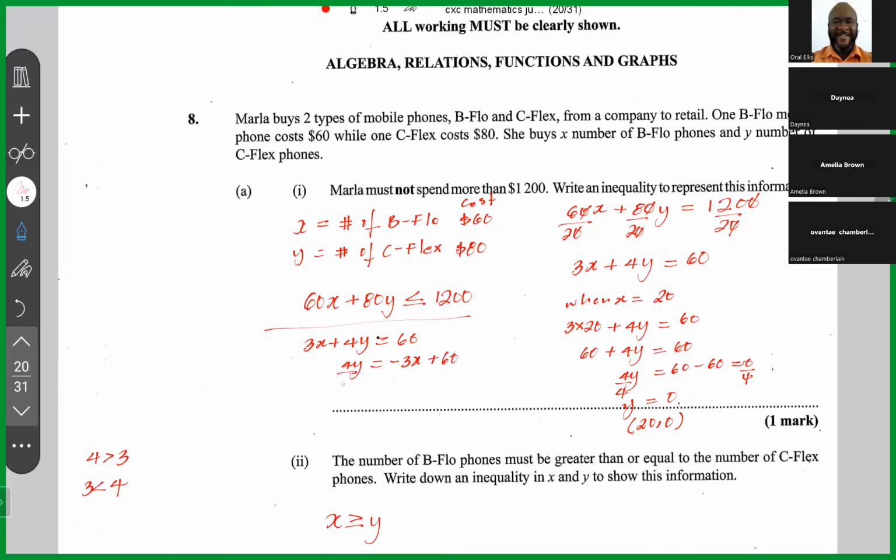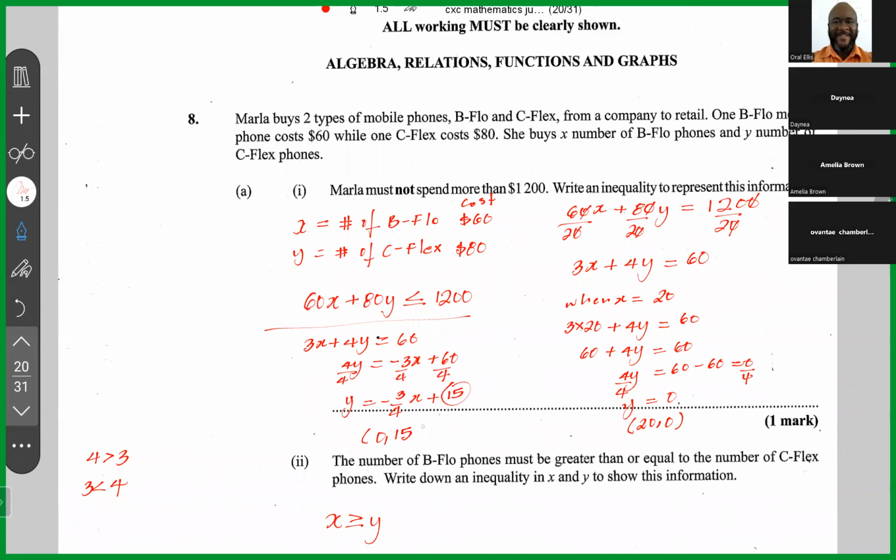Divide the entire thing by 4, and we get y is equal to minus 3/4 x plus 15. So that means that the y-intercept is 15. So another point on the line is 0, 15.